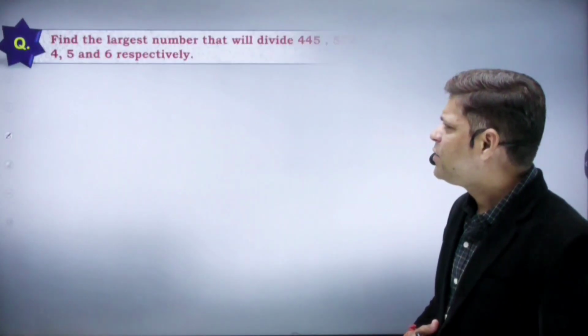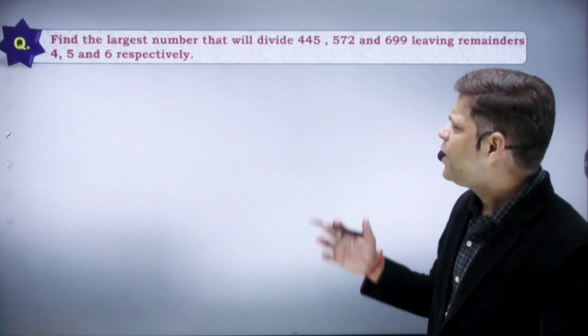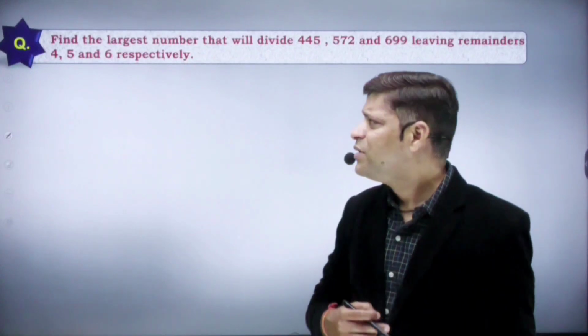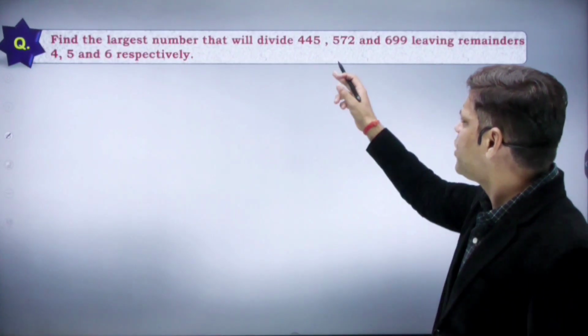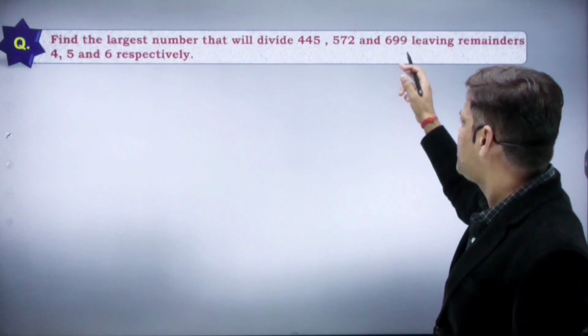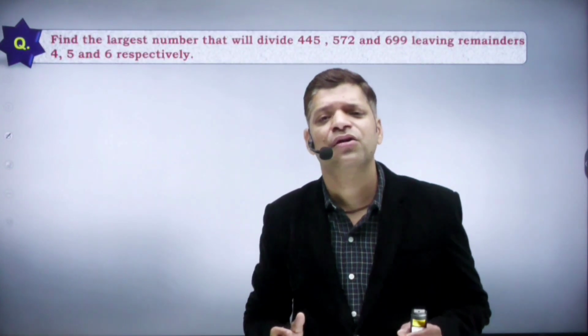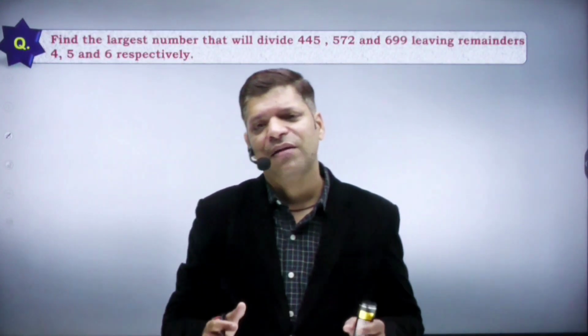And the next question: we have to find the largest number that will divide 445, 572 and 699, leaving remainders 4, 5 and 6 respectively. This is a very important question for students of mathematics.